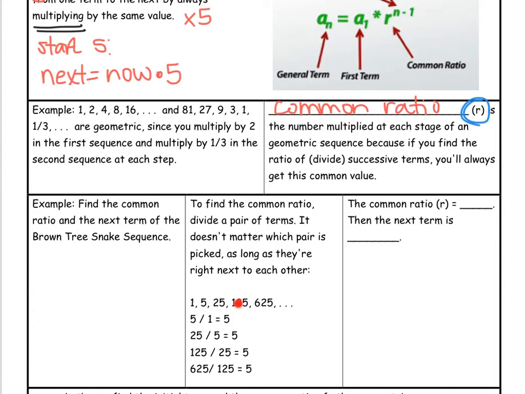And 625 divided by 125, we also get 5. So our common ratio, our R in this case, equals 5. And so the next term in the sequence would be 625 times 5, and that next term will be 3,125.